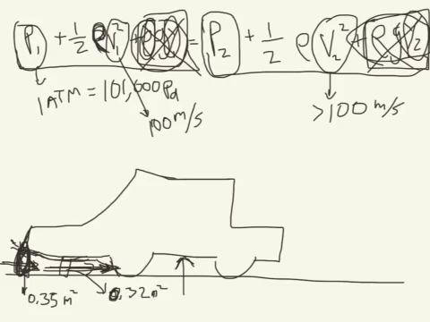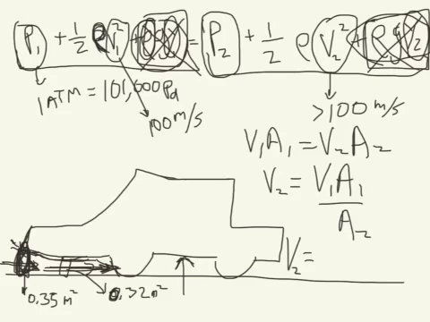But we can do that using our equation and solving for V2. And let's put in some numbers. 100 meters per second times 0.35 meters squared over 0.31 meters squared. And that gives us 112.9 as the velocity of air under the car.